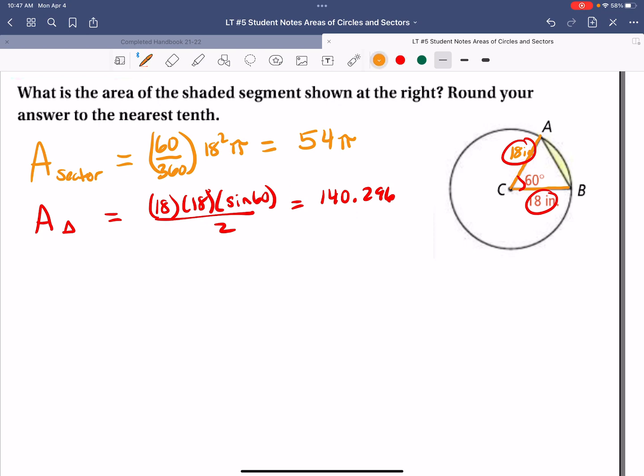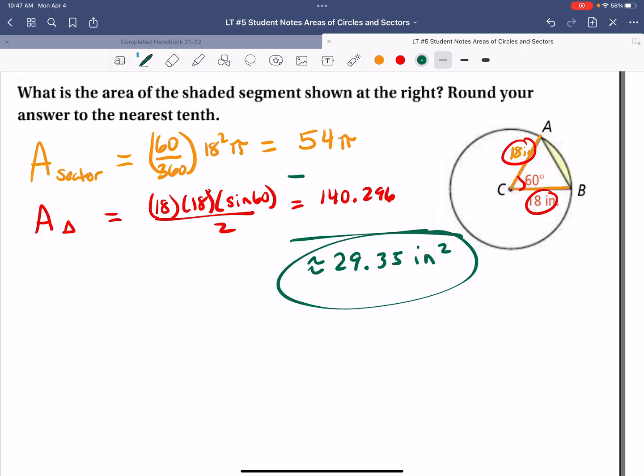And what I do is I subtract these two to get the area of the segment. So that's going to give me approximately 29.35 inches squared. So the segment is about 29.35 inches squared. Oh, it says to round to the 10th, 29.4.